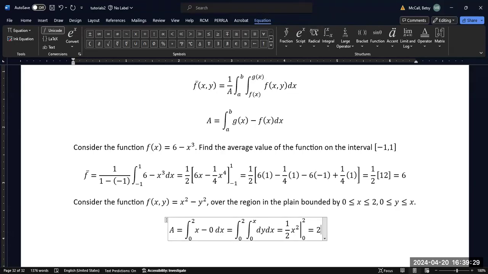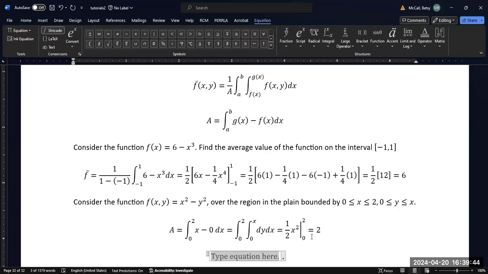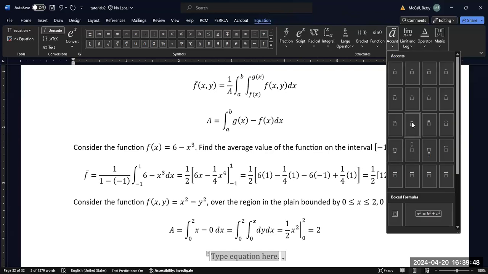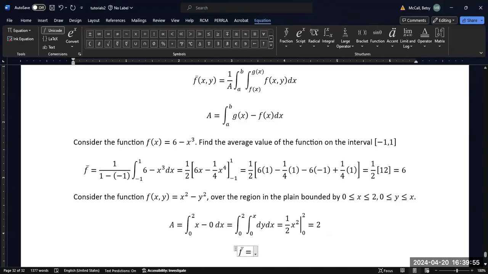And this makes sense if you think about 1/2 base times height. It has a base of 2 and a height of 2, and then half of 4 would be 2. So geometrically, this all makes sense. So now we're going to go ahead and find our average value of our function. And so 1 over our area is going to be 1/2.